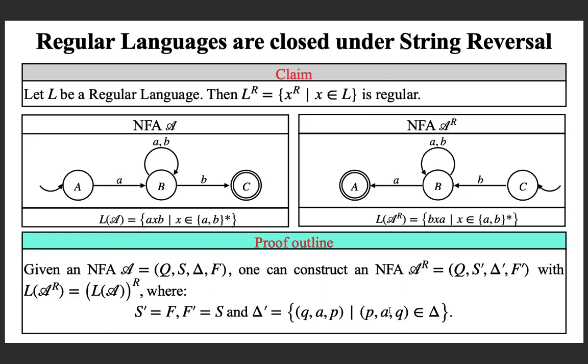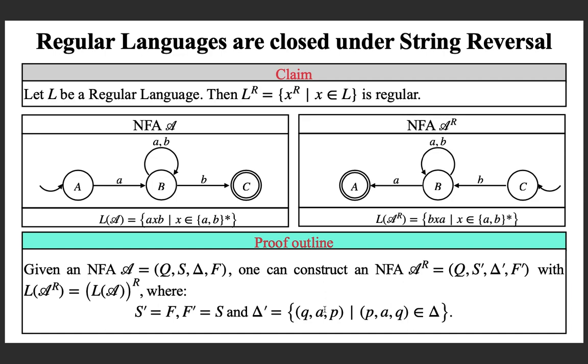And now, once you have this construction, suppose there exists a path for X from a start state to a final state in the obtained NFA, then you can prove using mathematical induction on the length of X that there exists a path.